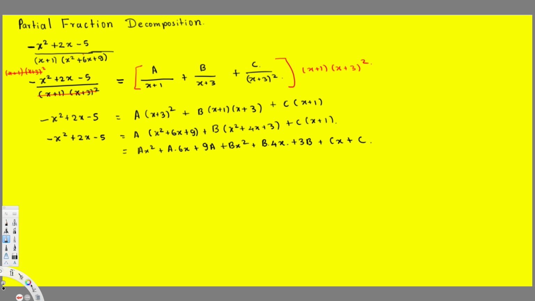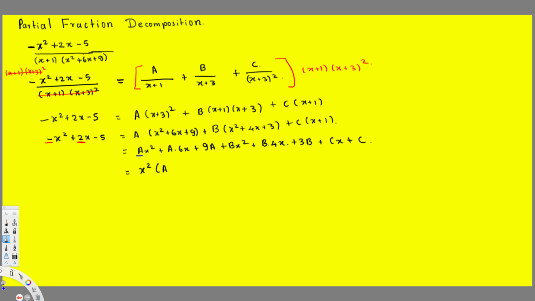Now we separate this into x squared, x, and the constant, because we are going to equate the coefficients, right? So let's bring all the x squared terms together.